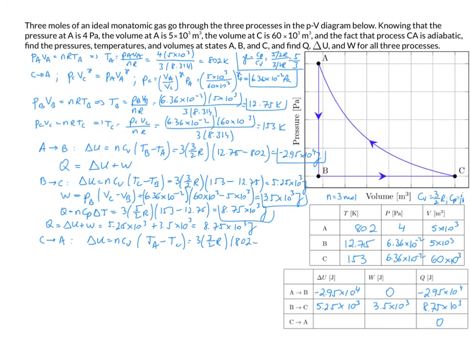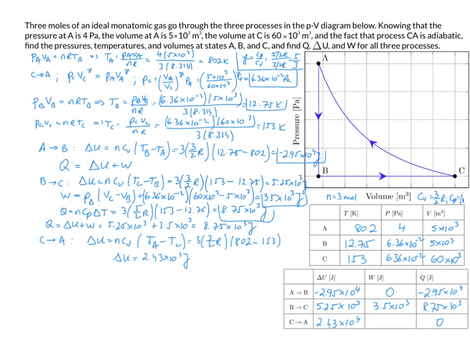Temperature at C is 153. So that means that delta U will be 2.43 times 10 to the fourth joules. So 2.43 times 10 to the fourth.